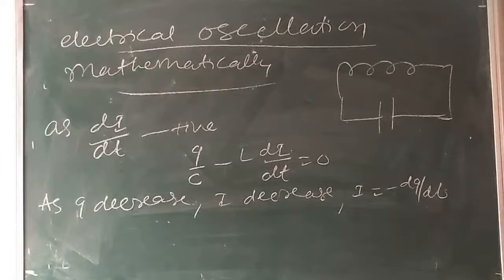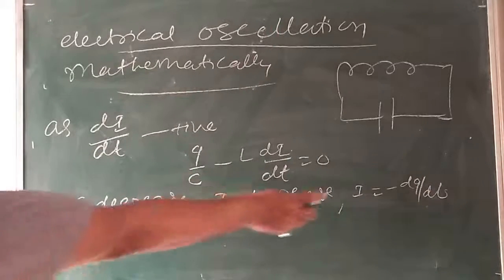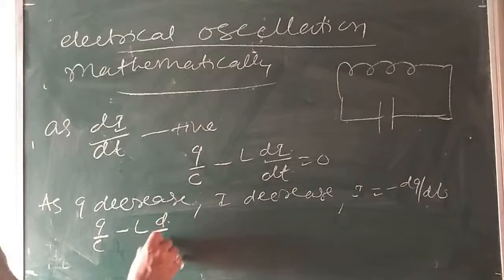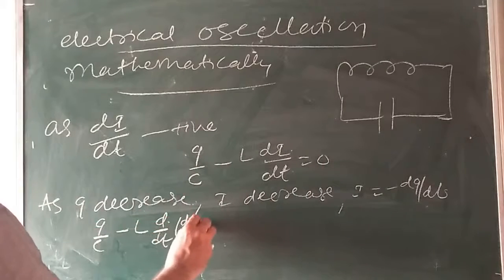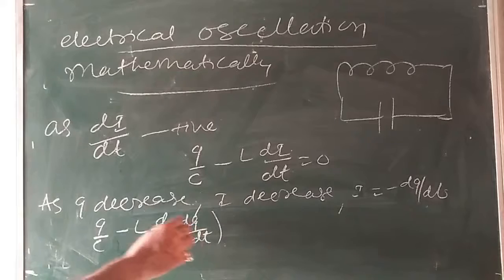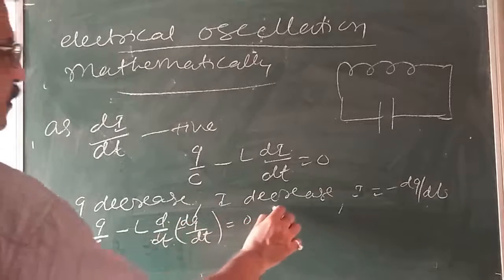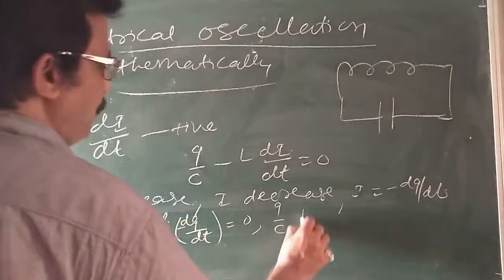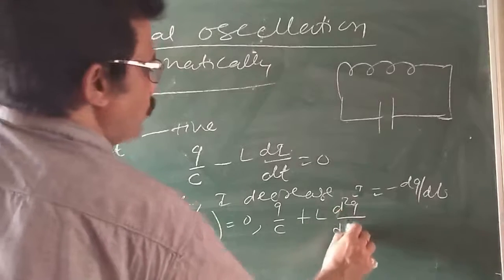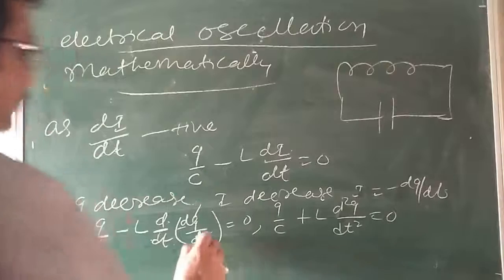So from this equation, putting this value, Q by C minus L d by dt of minus dq by dt, I can write here Q by C plus L d2q by dt square. It is a double differential here.